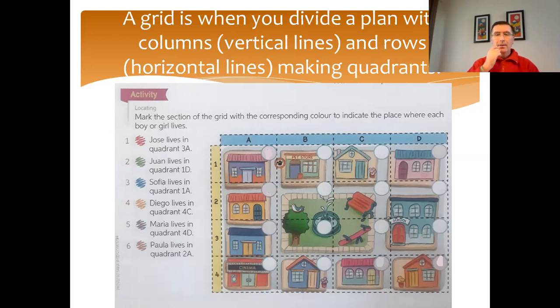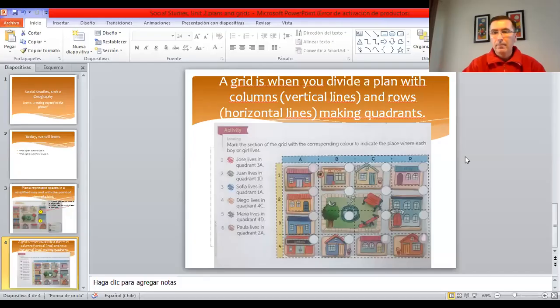Okay, so this is the activity that is going to be your homework, and I'm going to make it a little bit smaller. So okay, something like this. The instruction that you have to write in your notebook is this: mark the section of the grid with the corresponding color to indicate the place where each boy or girl lives.